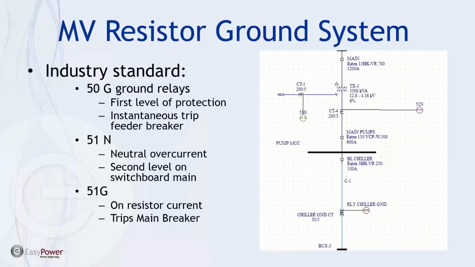So the industry standard when we're applying this application of ground system protection is to use 50G ground relays as a first instantaneous set for the first level of protection on the feeders or on the loads.